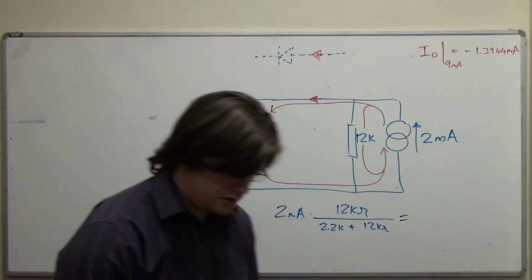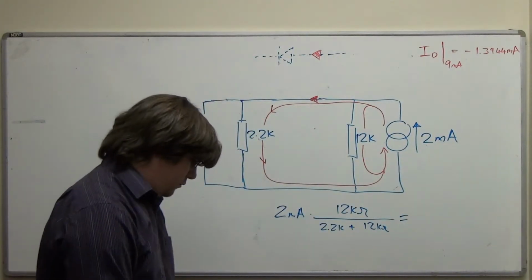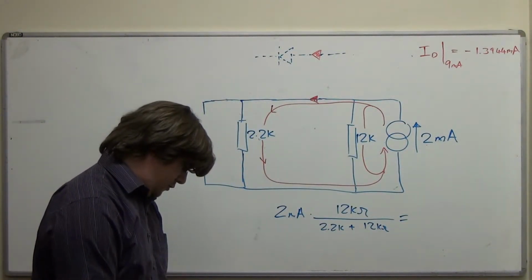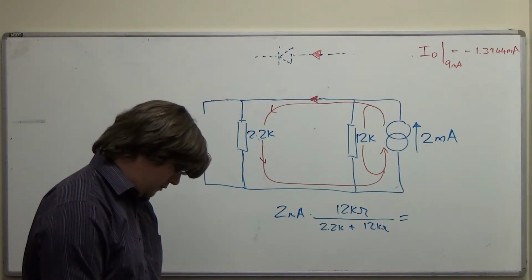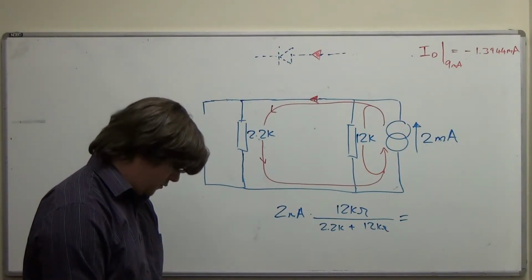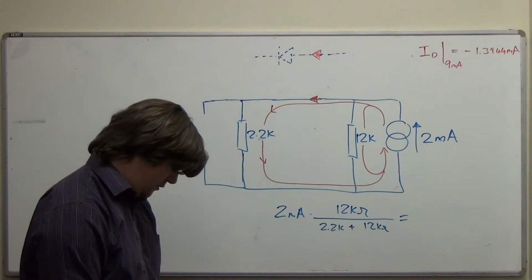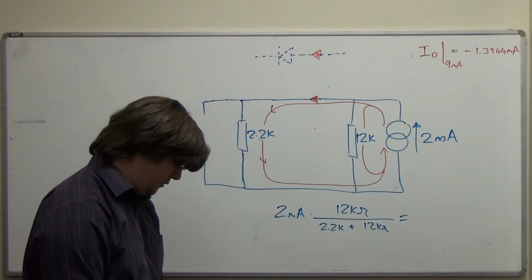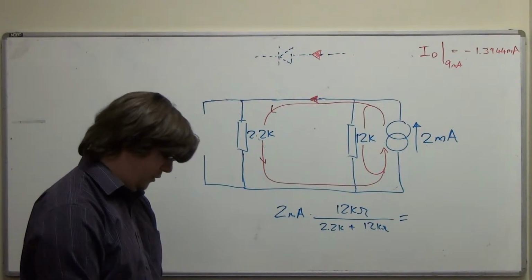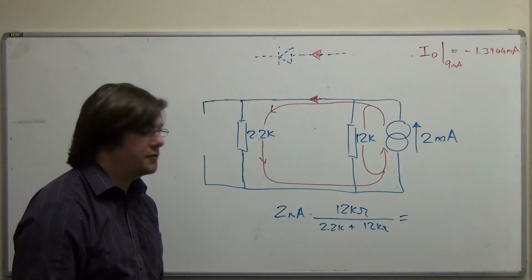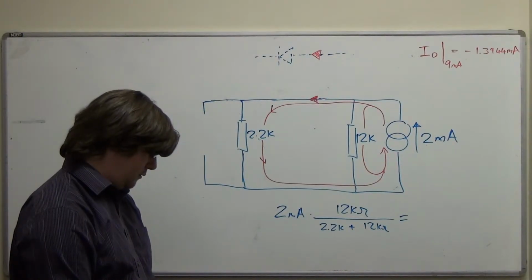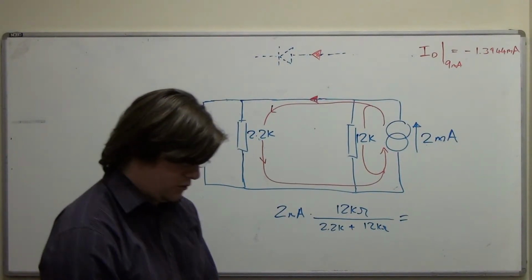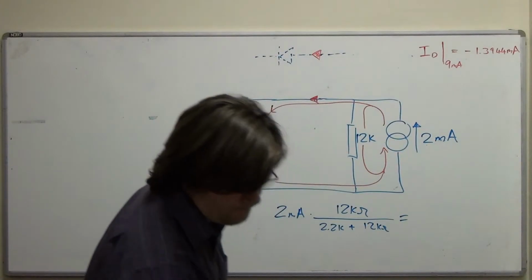And this will give us 12e3 divided by 2.2e3 plus 12e3, 0.84507, which is the same we had before, times 2 milliamps is 1.6901 milliamps.